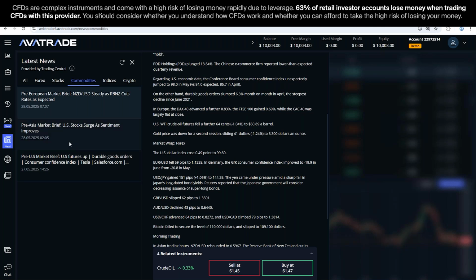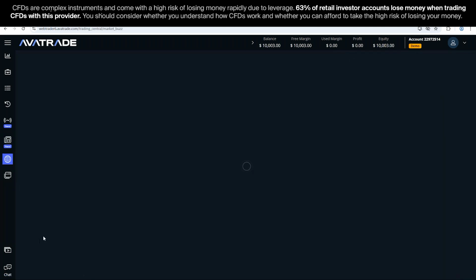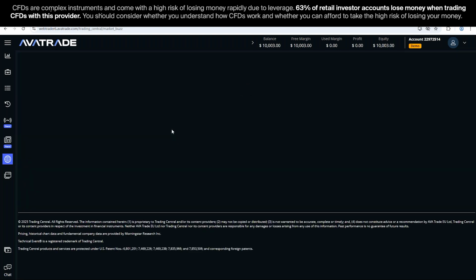One of my favorite features that I like to use, that I'm also going to show you, is in here in the Discovery tab. And almost at the bottom of the list is the economy calendar. But let me show you first the market buzz. In the market buzz, we can see those bubbly circles in here.